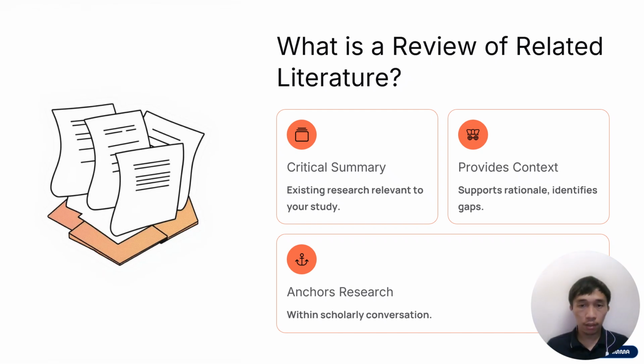It also provides an organized overview of the current state of knowledge, identifies trends, gaps, and controversies in the literature, and serves to establish the theoretical framework and context of your own study. More likely it is a summary of previous studies that is connected to your own research. That is a review of related literature.